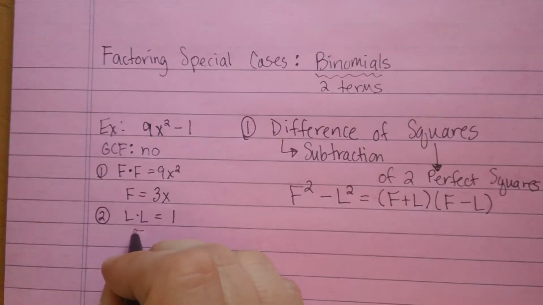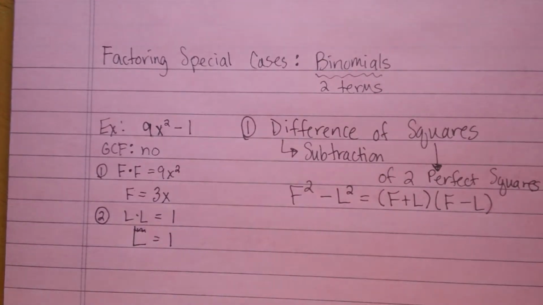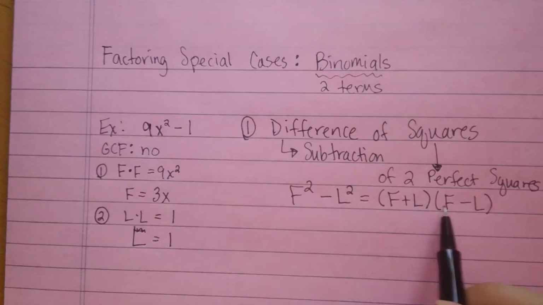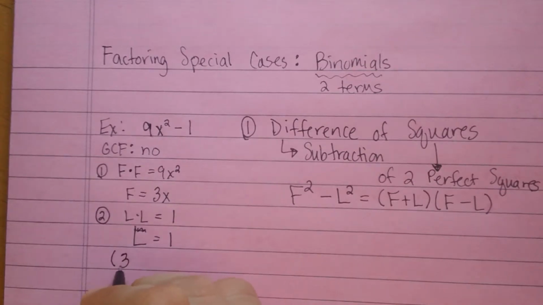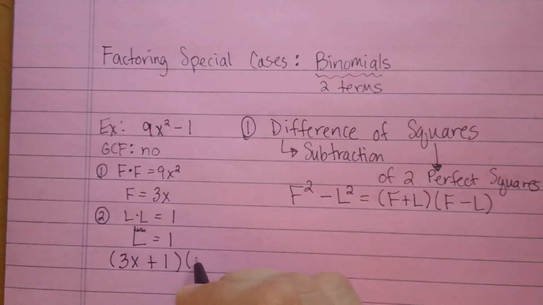So that can help me figure out that my last term is going to be a 1. Then the third thing I'm going to do is follow that pattern and make it f plus l times f minus l. So 9x squared minus 1 will factor into f, which was 3x, plus l, which was 1, times f, which was 3x, minus l, which was also 1.